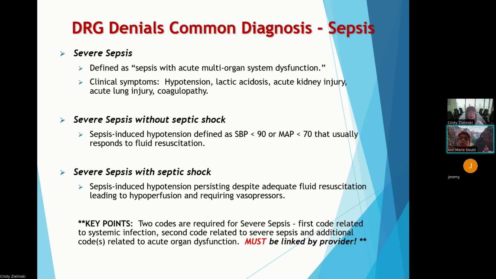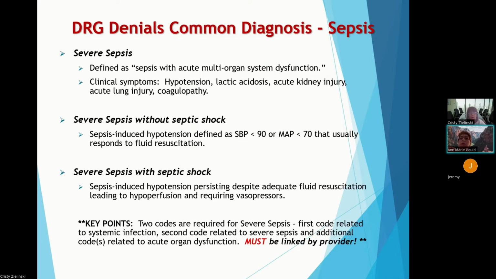So when it comes to severe sepsis, you want to see, is it with shock or without? Sepsis-induced hypotension is defined as a systolic BP less than 90 or a mean arterial pressure less than 70. That usually responds to fluid resuscitation. However, if they don't respond to fluid resuscitation and they continue to be hypoperfused, they're going to need vasopressors, right?